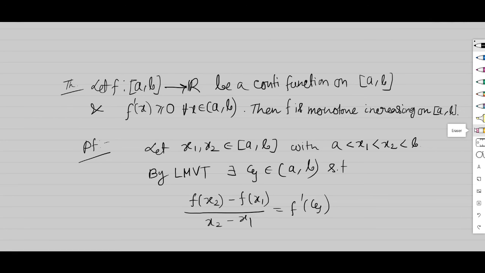By the hypothesis, f dash x is greater or equal to 0 for all x belonging to the open interval a comma b, so f dash xi is greater or equal to 0.